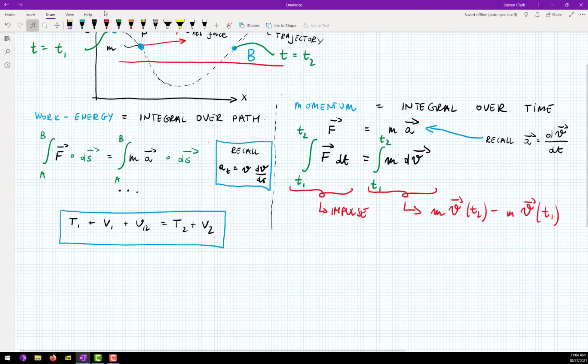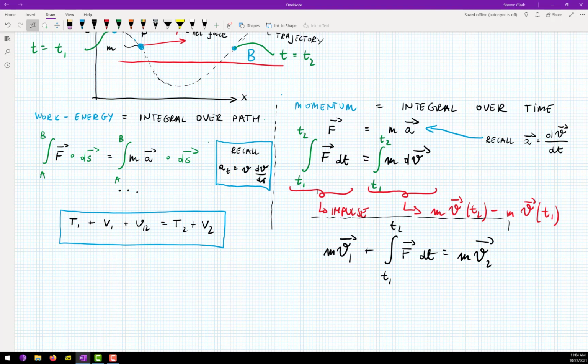So we can simply write that mv1 plus the impulse is equal to mv2. And we will use this expression today like 3 times or more.